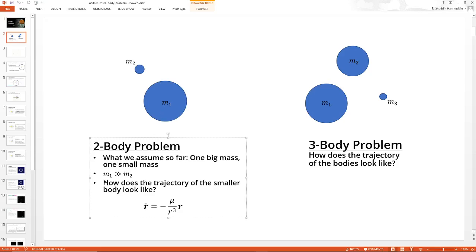Okay, so how does the trajectory of this small mass around the bigger mass look like? We can get all that from this two-body equation. Remember, we have derived the constants of motion, angular momentum conservation, and also mechanical energy conservation, orbital equation, all derived from this. This simple equation can give us so much stuff here.